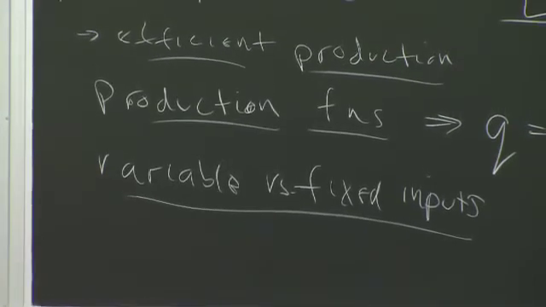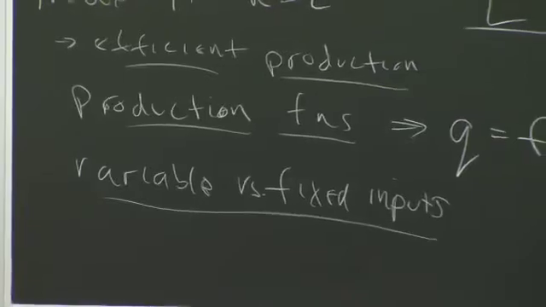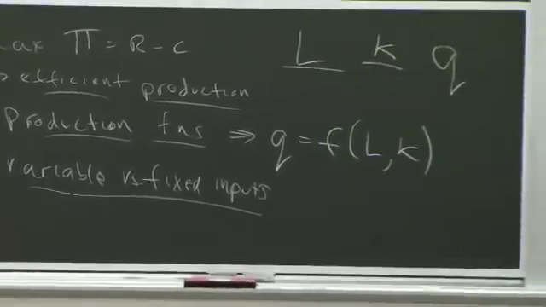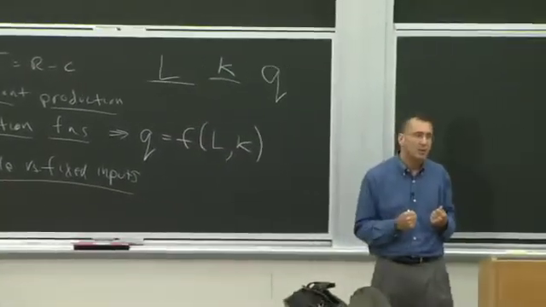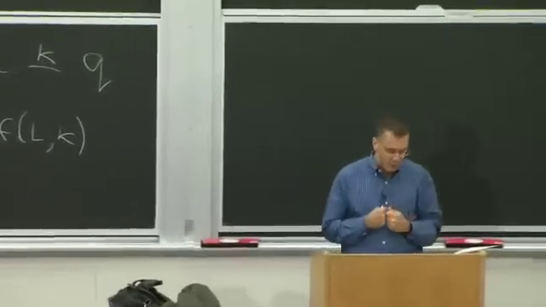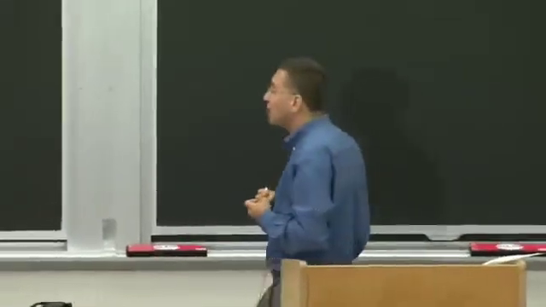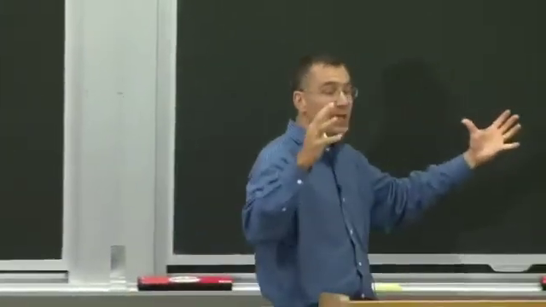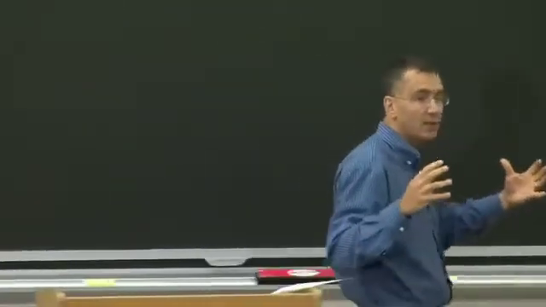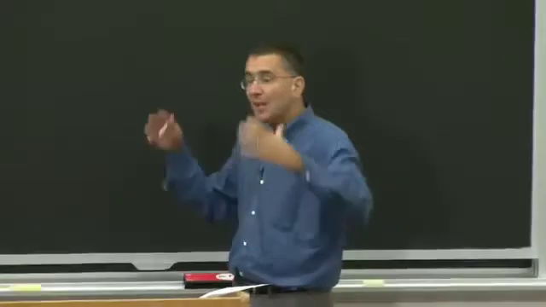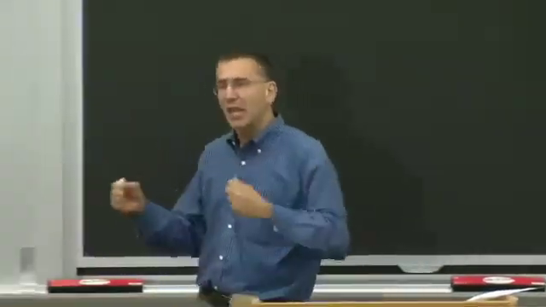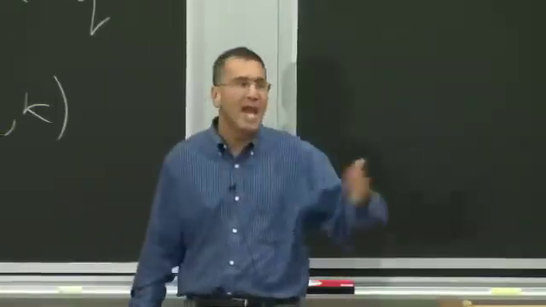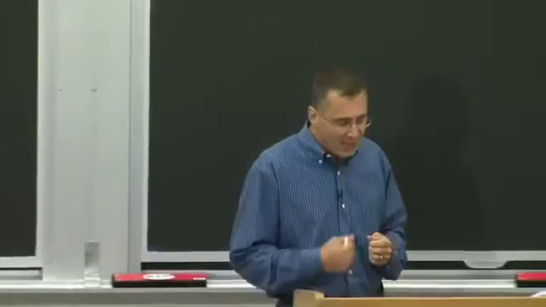In principle, you could just have someone work 5 hours one day, 1 hour the next day, 10 hours the day after that. It's easy to change hours of work. So that's a variable input. Fixed inputs are things which are harder to change quickly, like the size of the building that the workers are working in. Once that building's built, it's pretty hard to change it. You can't lop off 2/3 of it one day and add it back the next day. That's more of a fixed input.